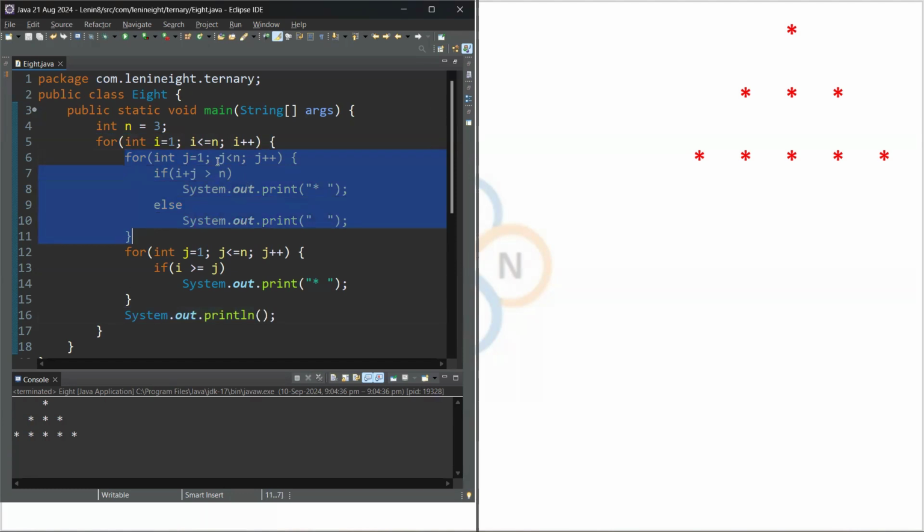And here is the important point: I have changed less than or equals to only less than. Then the next for loop is the same as we discussed, no change. You can see the output of the same code here. I hope it is understood. With the help of this, we can also print some other types of triangle patterns.